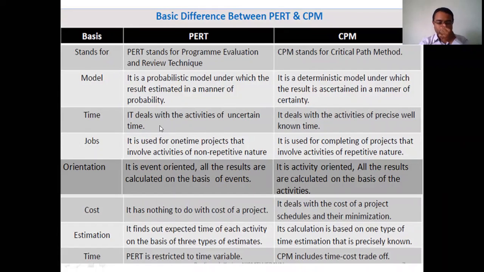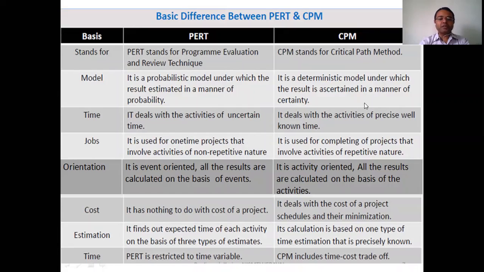So if you consider different types of jobs, in case of PERT, only the projects which can be handled one time are involved. And in case of CPM, the projects which have some activities, and those activities are repetitive, are involved.